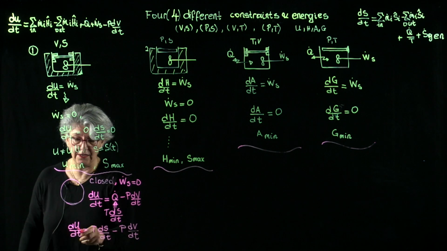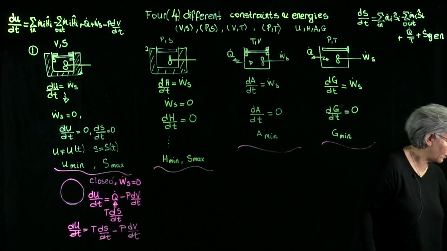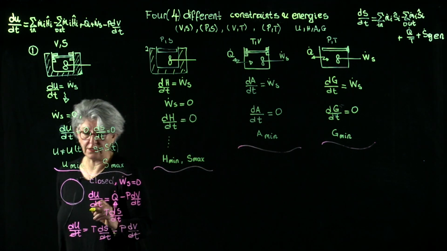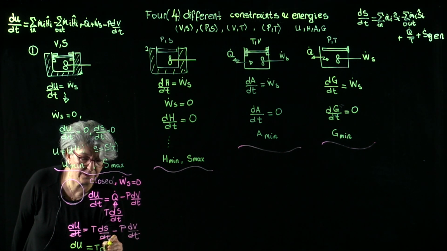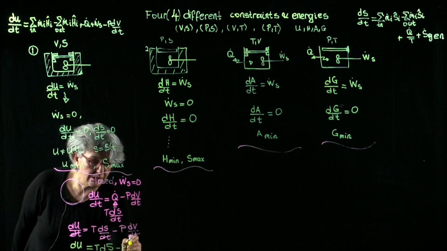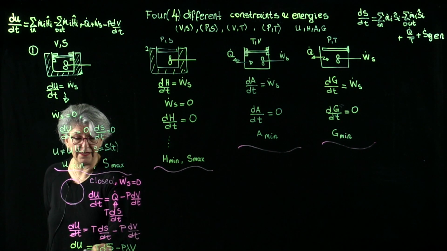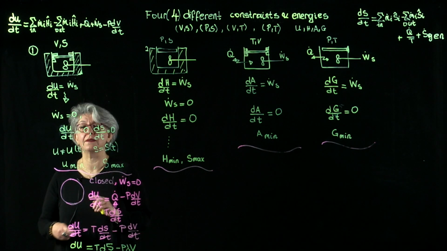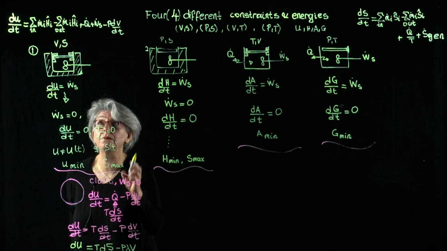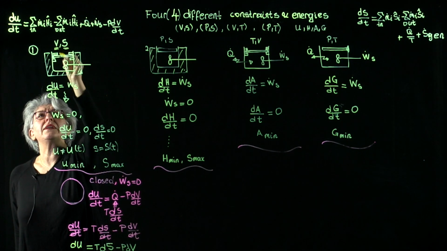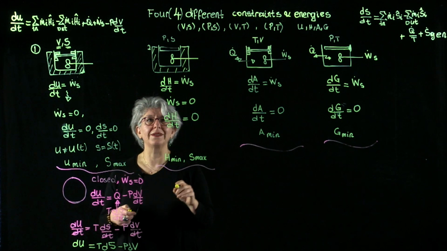We can drop the dt's from these equations and revert back to our yellow colored pen to have the final form of the equation: dU is equal to T dS minus P dV. Here we have entropy and volume. And if the connection is not clear, it will be in a short while.